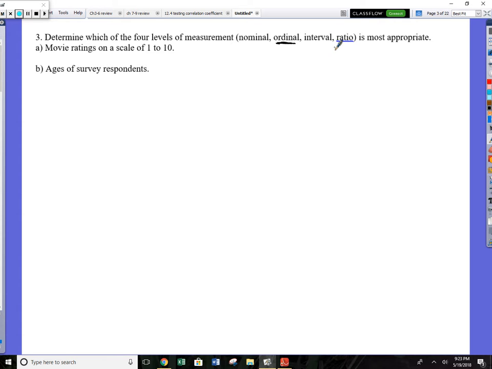Interval and ratio. Interval is kind of tricky. Interval, you can measure the difference between them, but there is no ultimate zero. There's no starting point. So interval is for like temperature, time. I mean, there's no zero time.